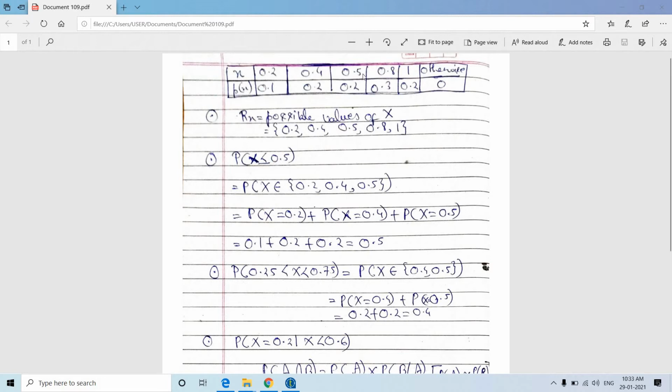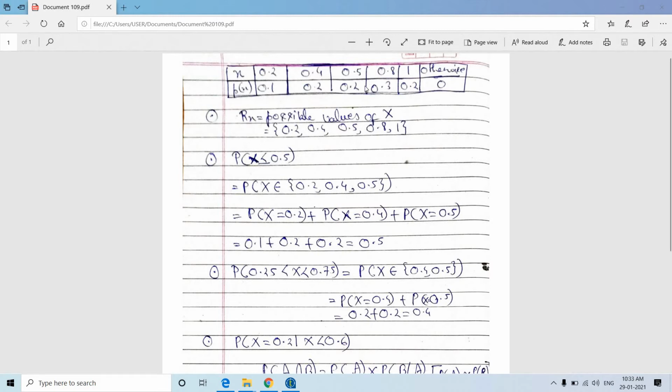The first one, x, which is the set of values for our random experiment, is called the random variable, and the corresponding probabilities are given. This is called the probability distribution, and this particular thing is called the probability mass function. So basically, what is the probability that 0.2 will come? That is 0.1. What is the probability that 0.4 will come? That is 0.2.